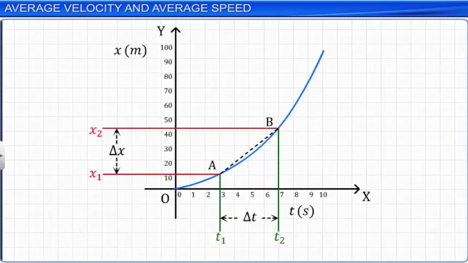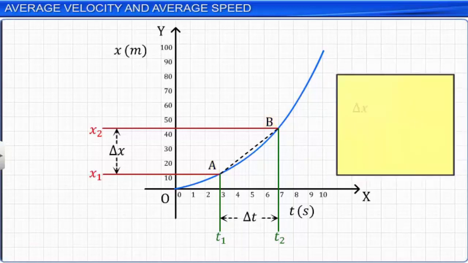Delta x is equal to x2 minus x1, is equal to 42 minus 10, is equal to 32 meters. Delta t is equal to t2 minus t1, is equal to 7 minus 3, is equal to 4 seconds.